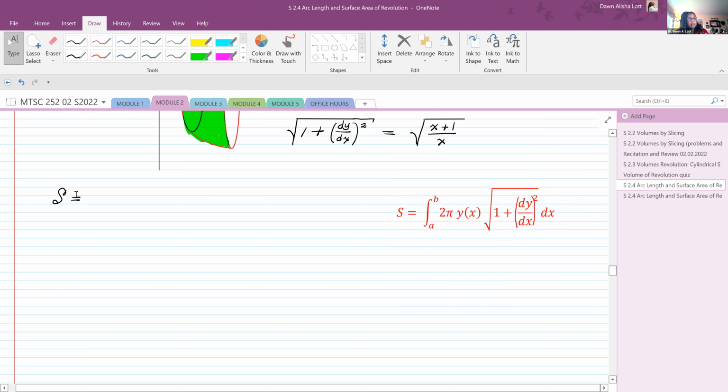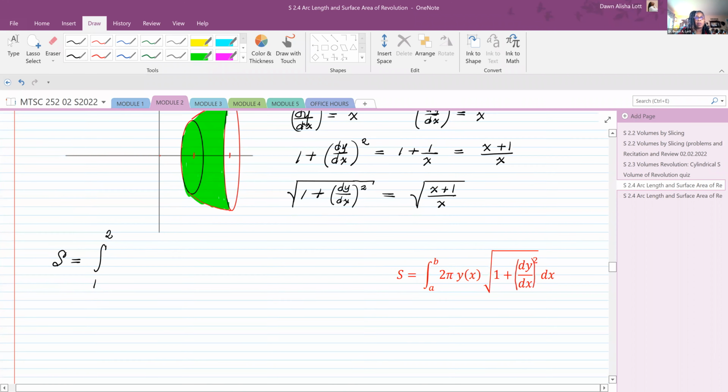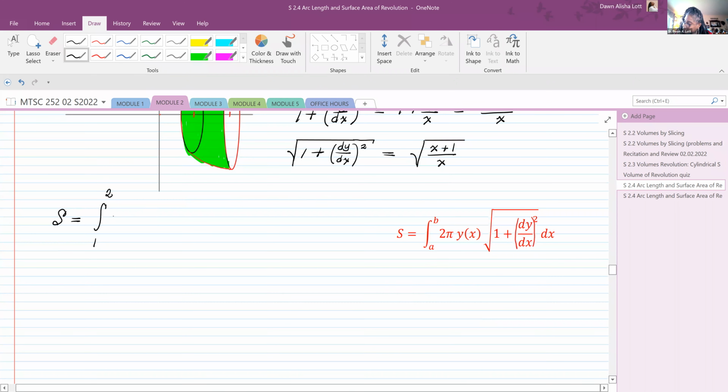All righty. So S is equal to the integral from 1 to 2. They already told us that in the problem, 1 to 2. I need 2 pi times y. Y of x was 2 times the square root of x.